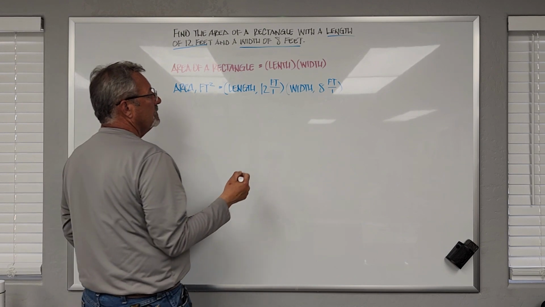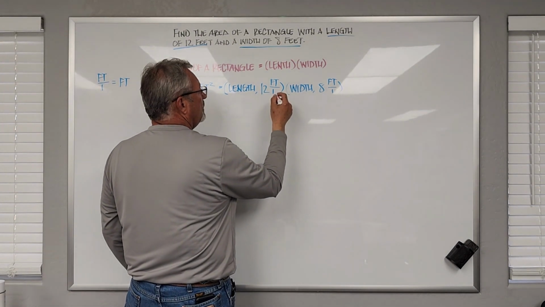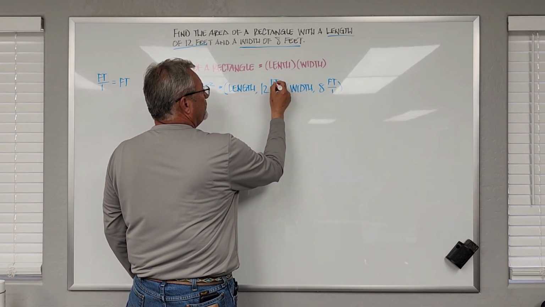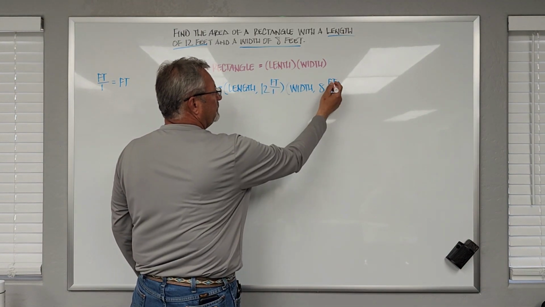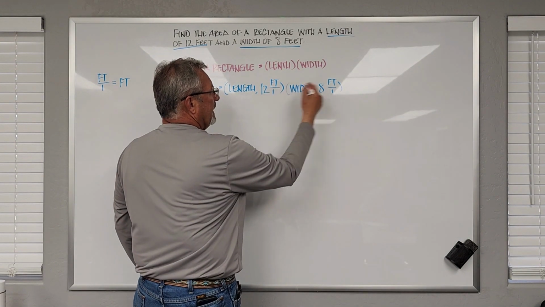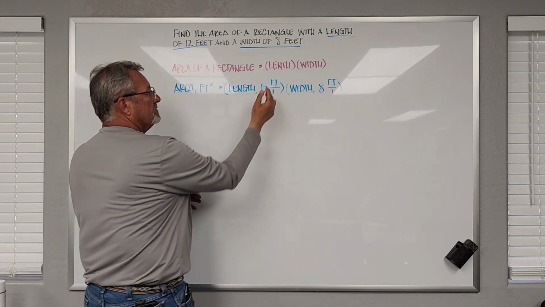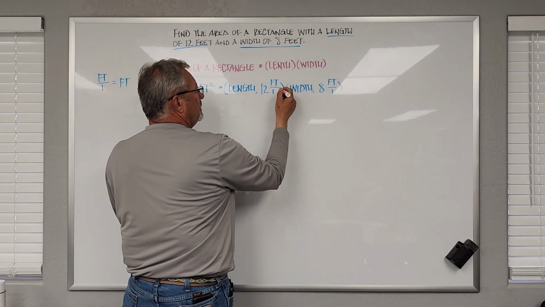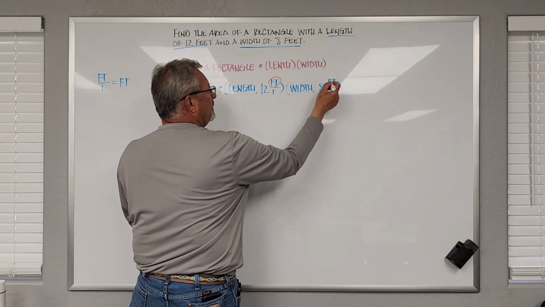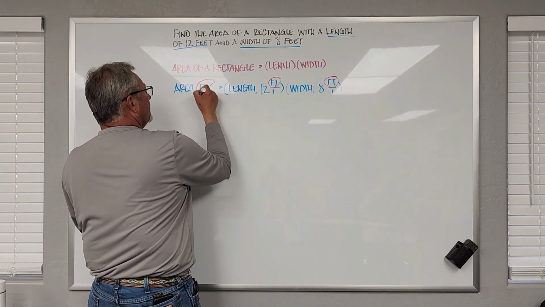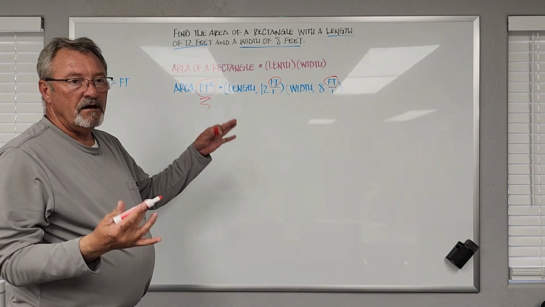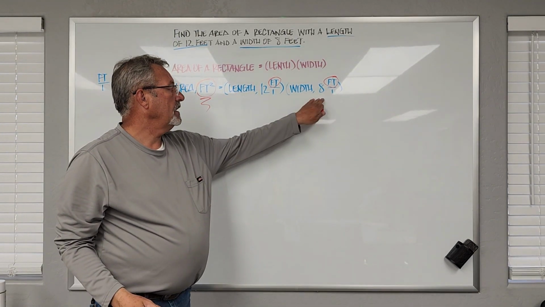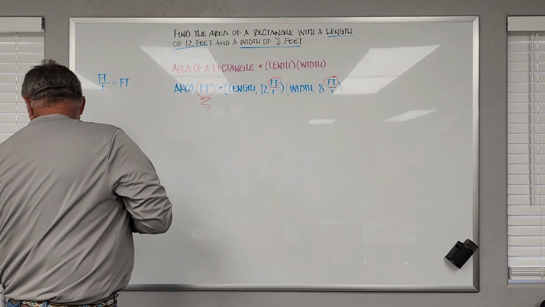So the foot is over the division line, foot over 1, foot over 1. I can't cross cancel anything out because these are both above the division line. So here's 1, here's 2. That gives me the unit of measure I'm looking for. So now I'm confident that when I multiply 12 times 8, I'm going to get the correct answer.